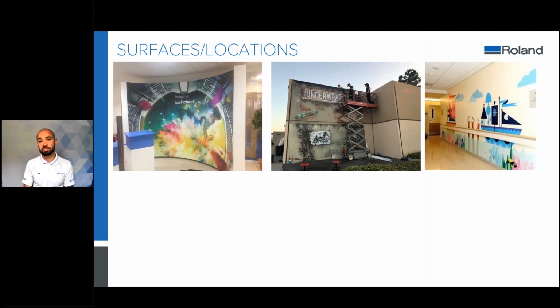Other locations, things like hospitals. So I mentioned earlier about the EJ Deco, which has a different type of ink, which conforms to a lot more of the standards that they may have within hospitals. Some of the other materials or inks may do as well, but it's always worth checking depending on where it's going within a hospital.